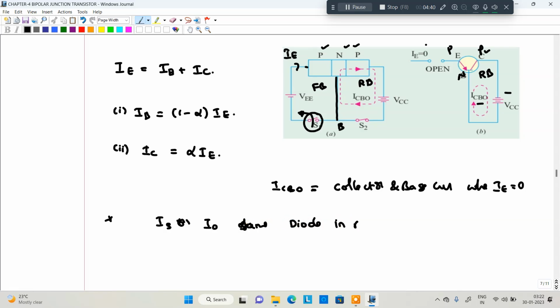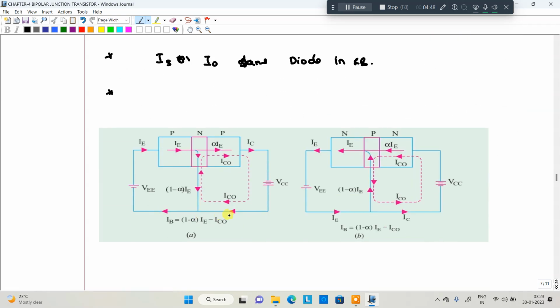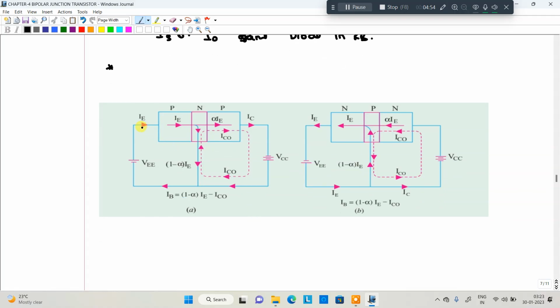Okay, next, what exactly ICBO will we see in these two diagrams, and then I will give some important things to you. Here IE is divided into alpha into IE as the collector current as well as the IB current.